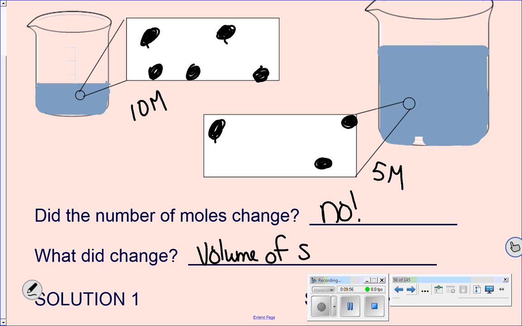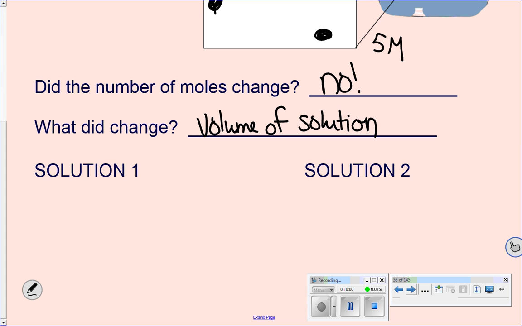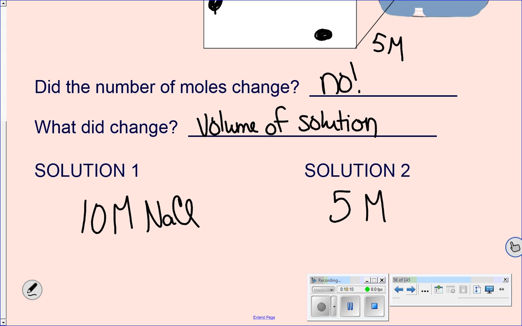volume of solution. So we ended up seeing solution 1 is 10 moles per liter, or 10 molar NaCl. Solution 2, because of having twice as much water, is 5 moles per liter of NaCl. Even though they have the same amount of stuff in there, the 5 molar one just has it distributed over more space.